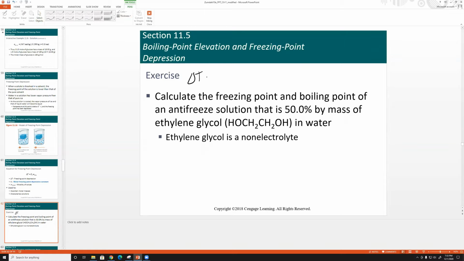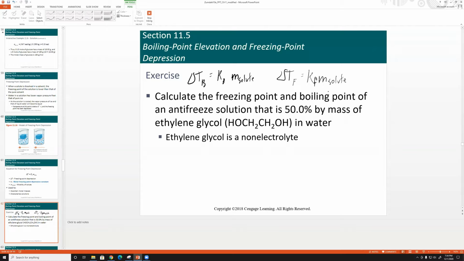Delta T_B equals K_B times m, the molality of the solute, and delta T_F equals K_F times m of the solute.